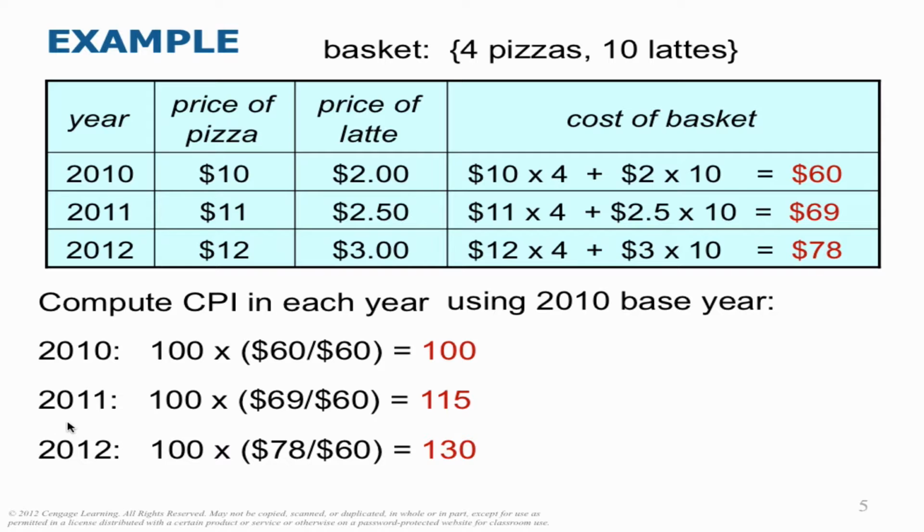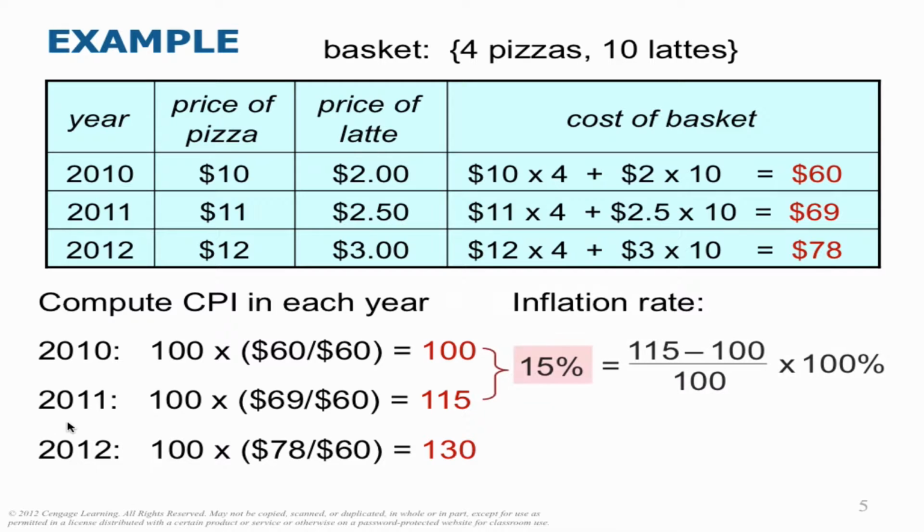All right, so now what do we do? Find the inflation rate. So the change here, 115 to 100 is 15 over 100 times 100. So the inflation rate in 2011 is 15%. Now the change here is 15.